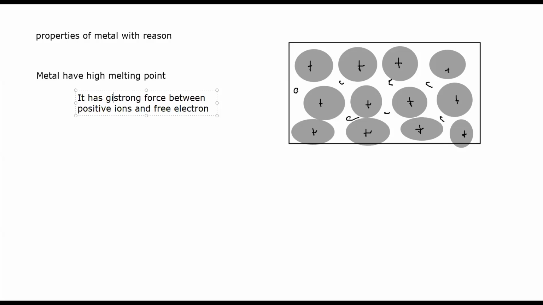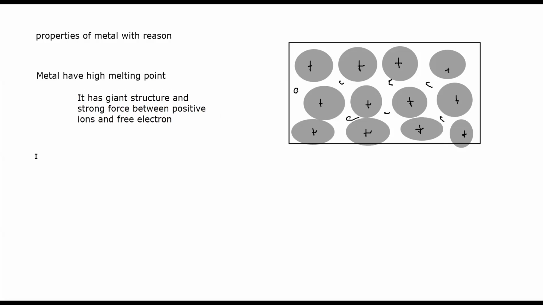And it has a giant structure, and strong force between positive ion and free electron. So that is the reason that metals generally have a high melting point.